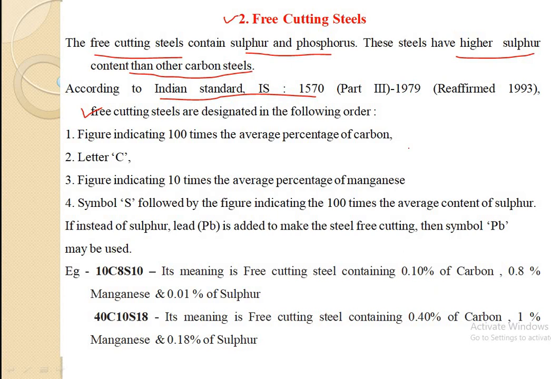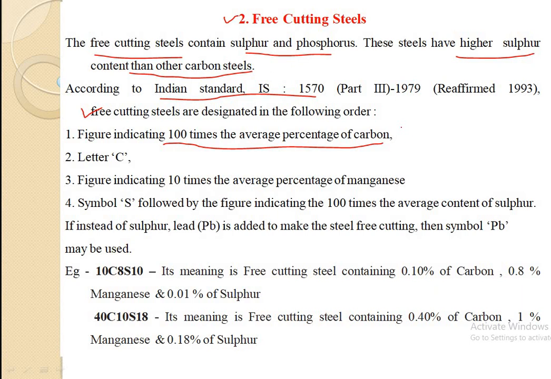So the procedure for designation of free cutting steels on the basis of chemical composition is: the first figure indicates 100 times the average percentage of carbon, as it is in mild steel also.